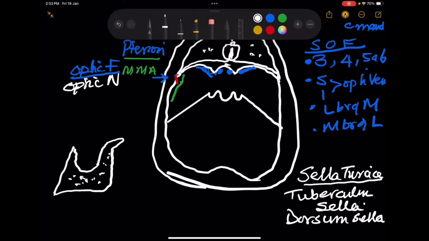This is the jugum sphenoidale, and that beak that you see there, then the tuberculum sellae, then the sella turcica and the dorsum sellae. There is a membrane which starts from the anterior and posterior clinoid process and covers the space, and this membrane is called the diaphragma sellae.